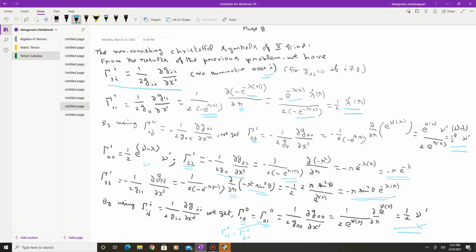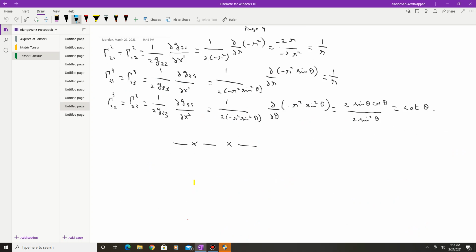Then similarly gamma 2 2 1, you can write down this expression using the result, substitute for g22, and if you differentiate this expression, you can see this is one non-vanishing value. Gamma 331, which is equal to gamma 313. By the definition, you first write down this one, substitute g33, and differentiate with respect to the x1 coordinate, which is r.